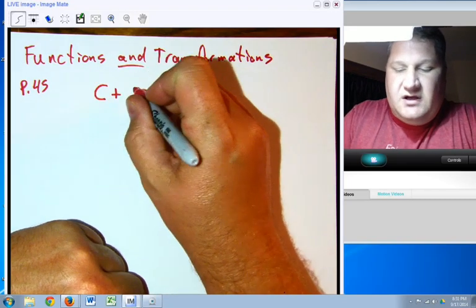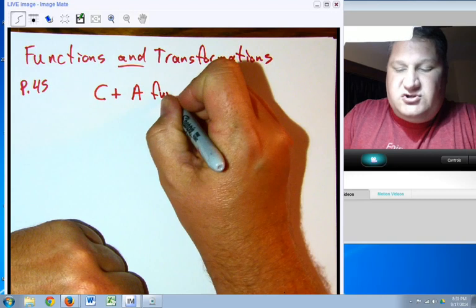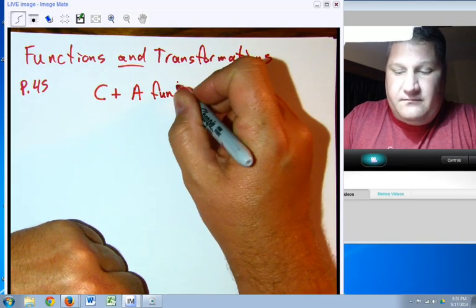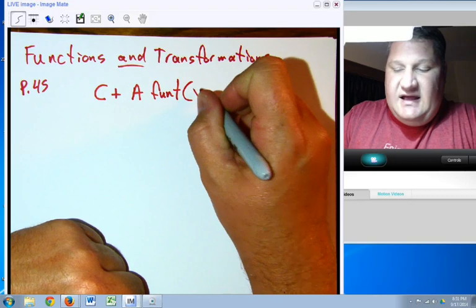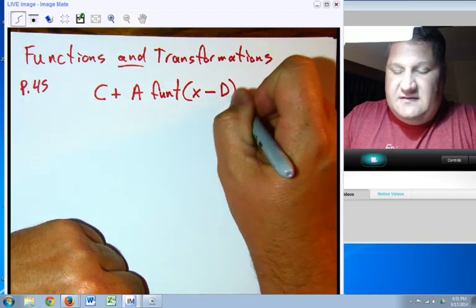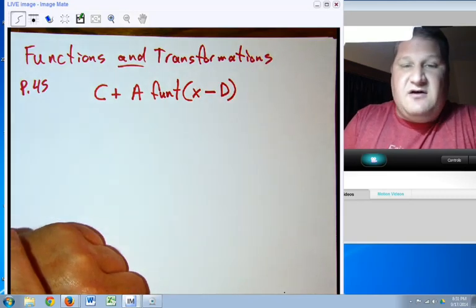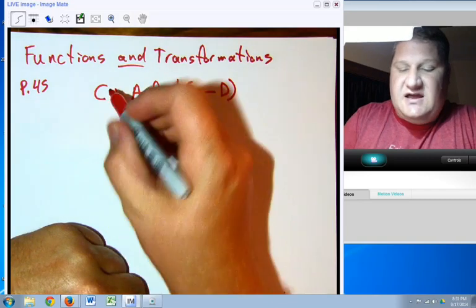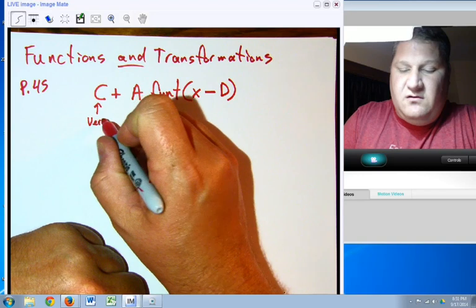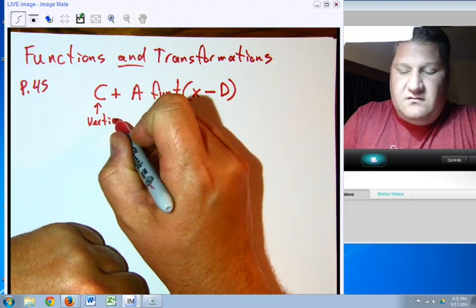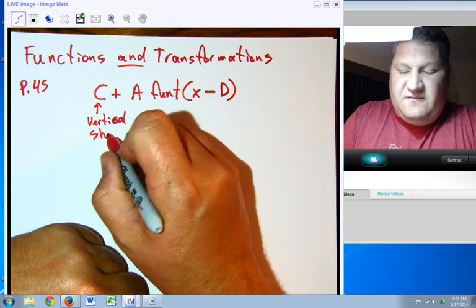C plus a function, x minus d. All right. Now, in this case, you have some placeholders. C, which is vertical shift.